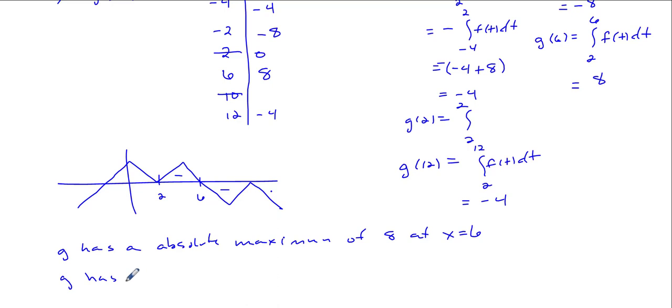G has an absolute minimum of -8 at x equals -2. Done. This problem is 4 points, guys. Make some money.